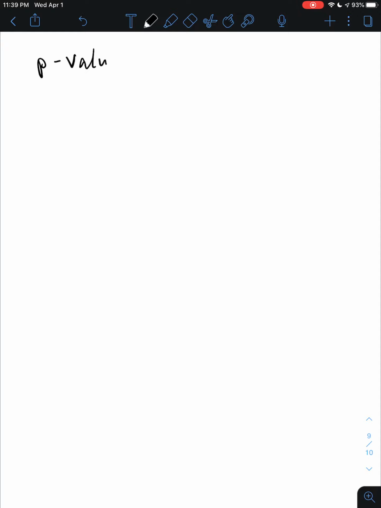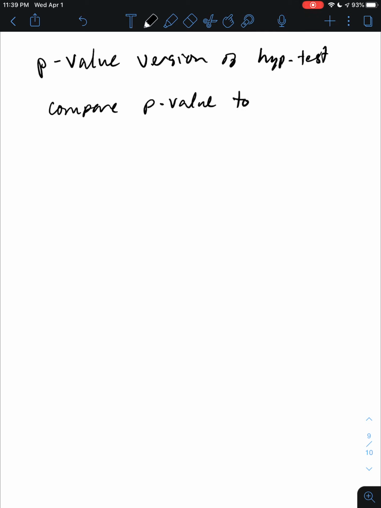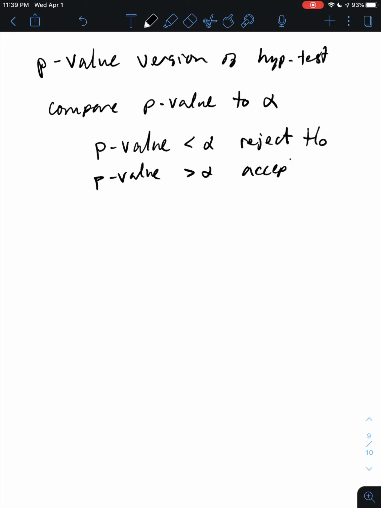So the p-value version of the test of hypothesis is where we compare the p-value to alpha. And so if the p-value is less than alpha, then that is reject. If the p-value is bigger than alpha, we accept.